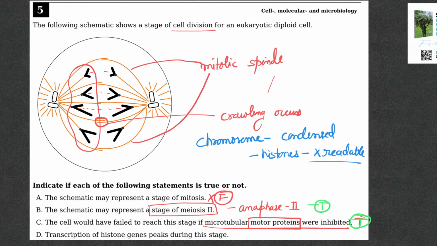They will not be exposed to enzymes right now. The transcription of histones, because we need histones for condensation, occurs during the S phase, when the cell needs them for further condensation. At this stage, we do not have the readability anymore. So no, the answer is false.